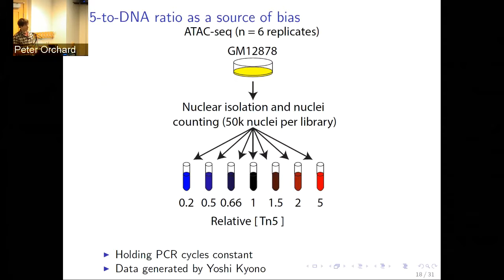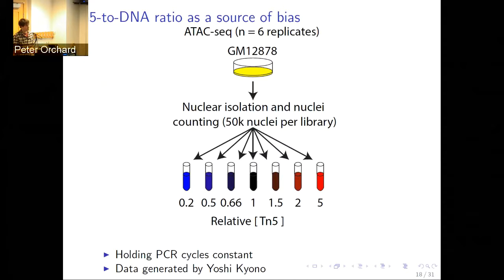We started with GM12878 cells, and on one dish or flask or whatever they hold GM12878 cells in, you perform nuclear isolation, and you count out 350,000 nuclei, and then you split those 350,000 nuclei into 7 pools.